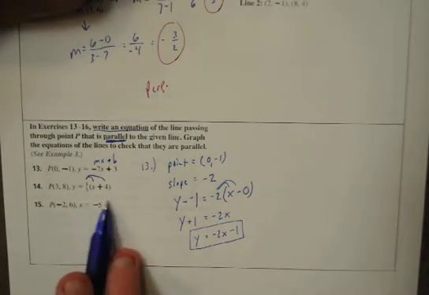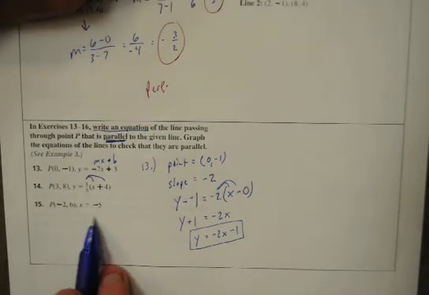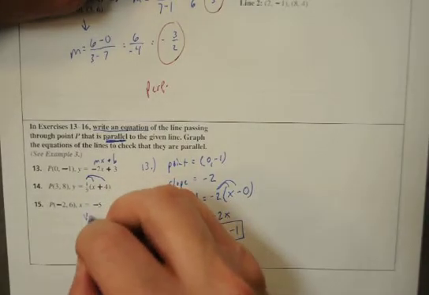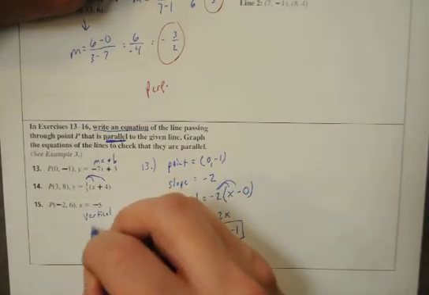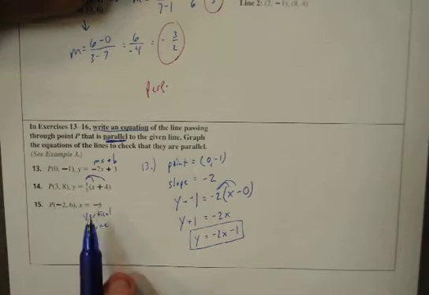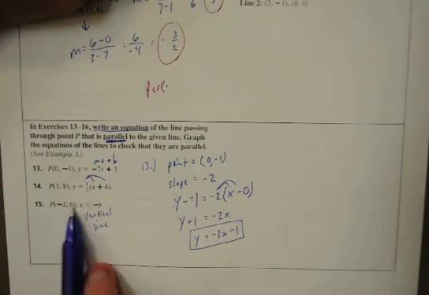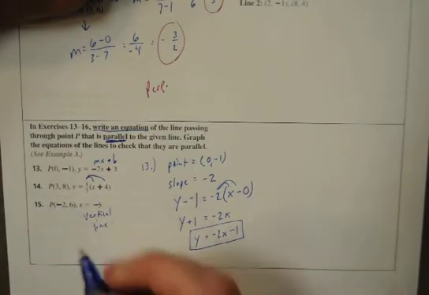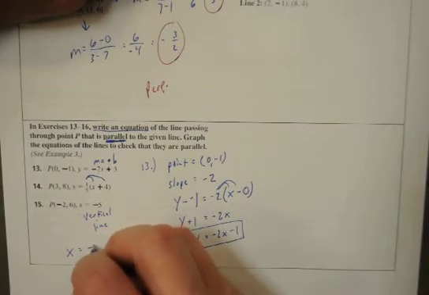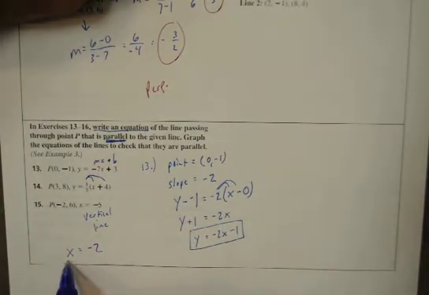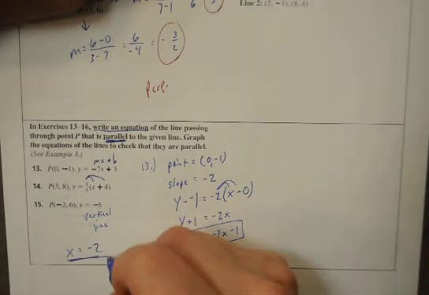And in this one, what kind of line is this? This is a vertical line. So you have to make a vertical line that goes through this point. It's going to be x equals negative 2. That's all it is. A vertical line is an equation x equals. Go to your notes and look at the first example where we did a vertical line.